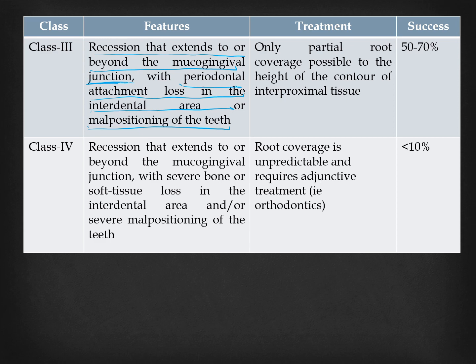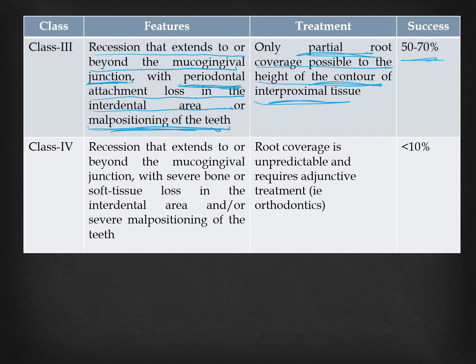And in class 3, the gingival margin criteria is similar, that is it extends to or beyond the mucogingival junction. But the difference is that it has got periodontal attachment loss in the interdental area, or the second criteria is malpositioning of the tooth. Now here they have claimed that only partial root coverage is possible, and that root coverage can only be possible up to the height of the interproximal tissue. Okay, and a 50 to 70% success rate is there for this surgery.